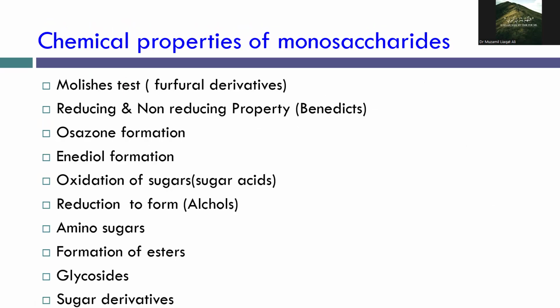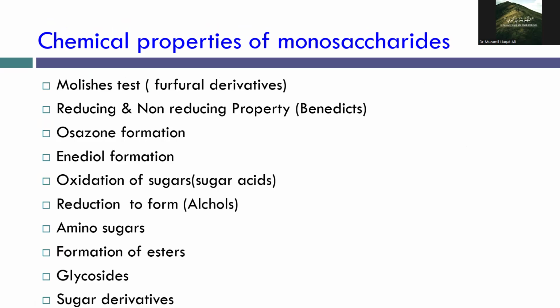Now, let's discuss the chemical properties of monosaccharides. Monosaccharides show several characteristic chemical reactions that are exploited in lab diagnosis and metabolic studies. The very first one is the Molisch test, formation of furfural derivatives, and the reducing and non-reducing properties, as shown in the Benedict test.